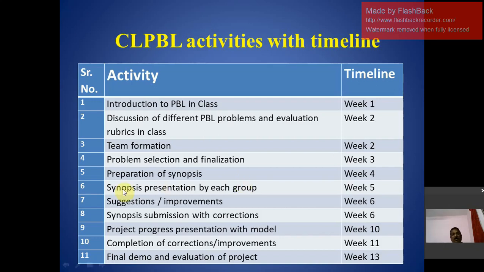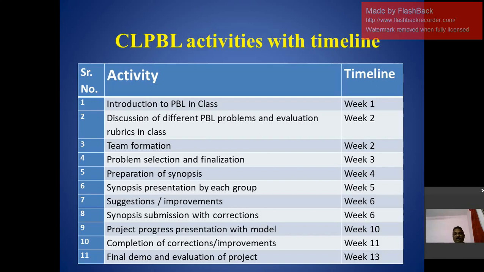Then after writing the synopsis and giving corrections, and once the synopsis is finalized, conduct the presentation of synopsis for each group and assign some marks for this synopsis presentation.